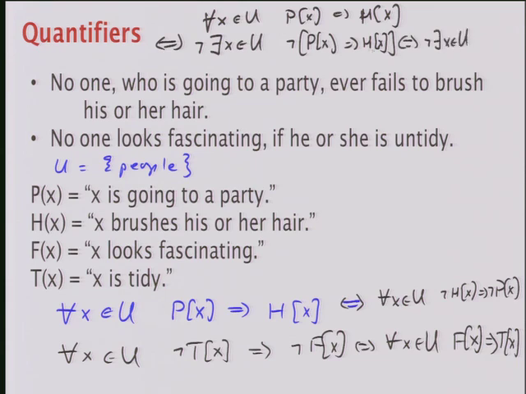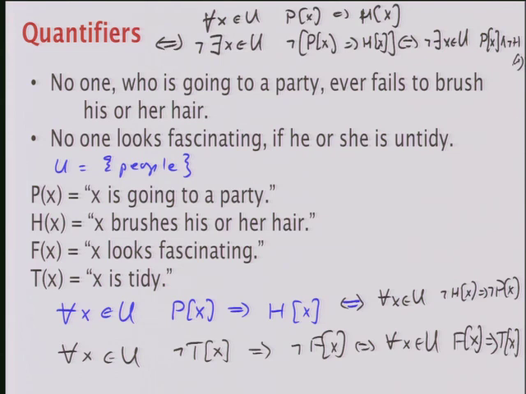So if p of x implies h of x is false, then what must be the case? What's the only way this can be false? Yeah. So it has to be the case that p of x and not h of x. So not h of x, right?